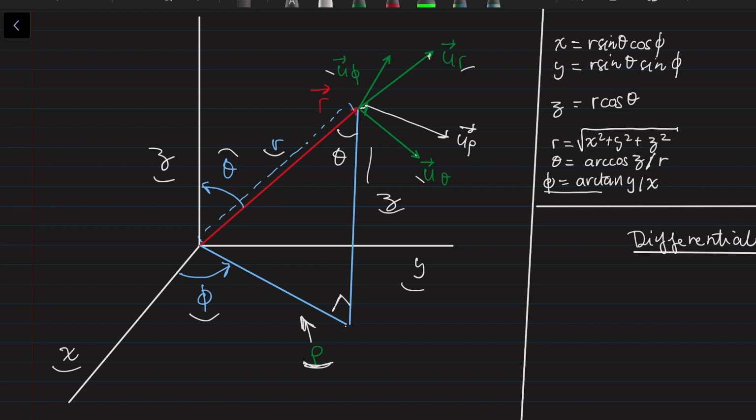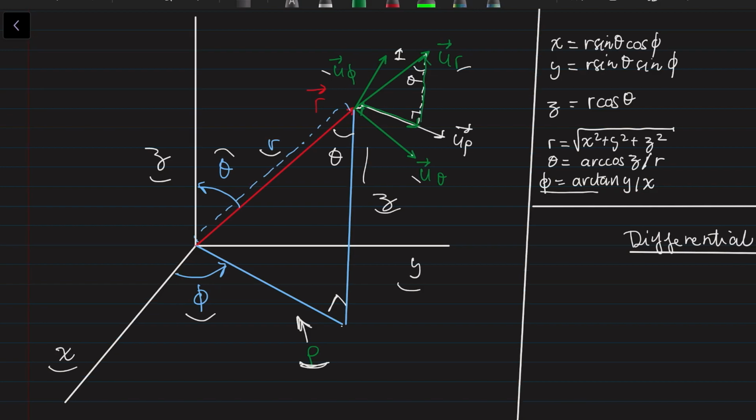So I see that I have this right angle triangle. I have an angle theta over there, and the hypotenuse is length 1, right? So what I want to do to get my u r vector is go this length in the rho direction plus this length in the z direction, right?